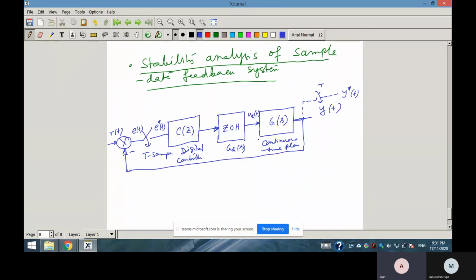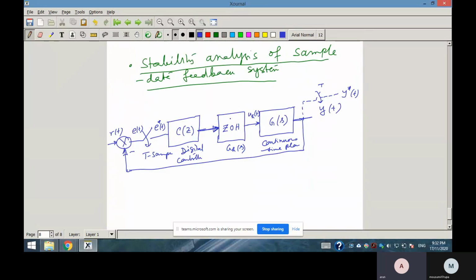So here also the signal is a sampled signal, because it comes after the digital controller. Analog to digital, digital to analog, then the analog signal will be converted. It will be held. So here the signal is actually a sampled signal.